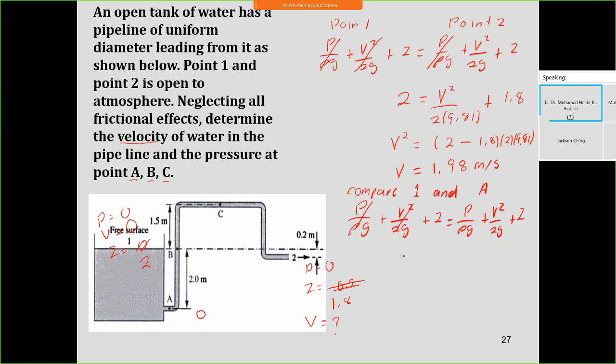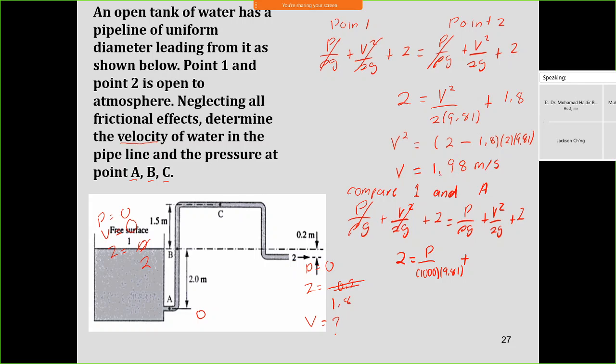Z equals 2, equal to the pressure at A, which is what we're searching for now, P over rho g. It is water, so 1000 times 9.81, plus V square.